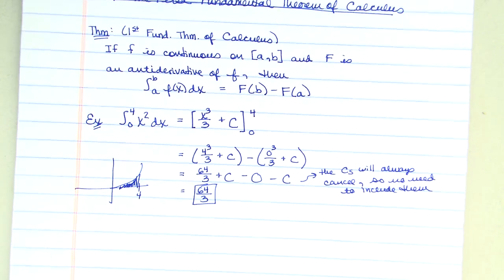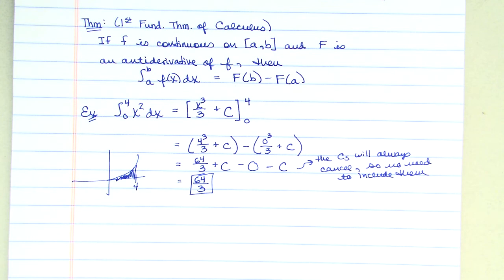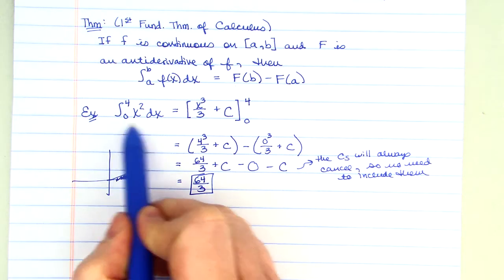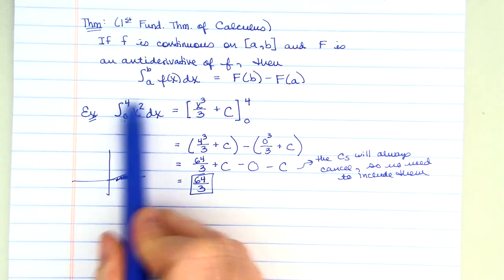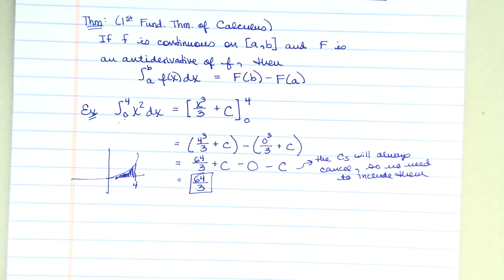But I think this is a little bit easier. And moving forward, we're going to use this first fundamental theorem of calculus to evaluate our integrals rather than using the limit process. The limit process is still tested on the AP exam, but if they give you just an integral and you have to choose how to do it, use this new first fundamental theorem of calculus. Make sure you get all that work copied down, please.